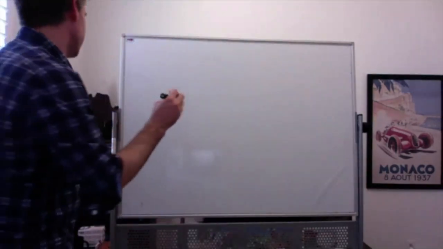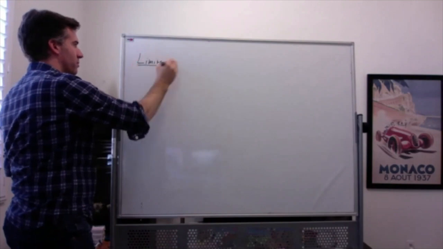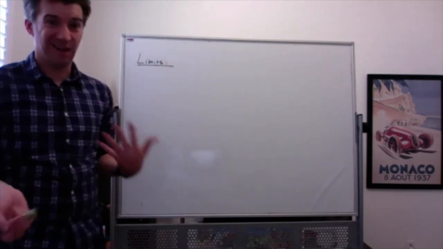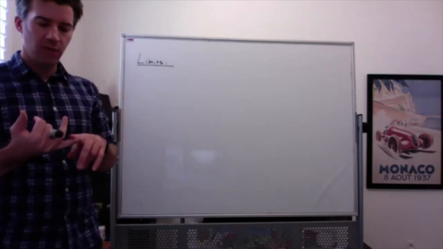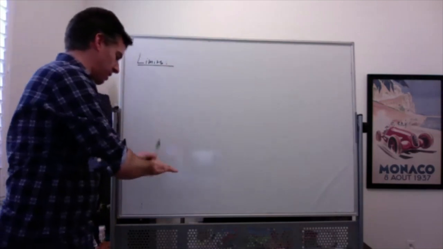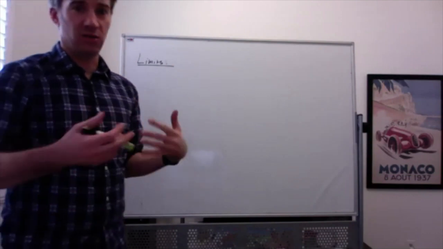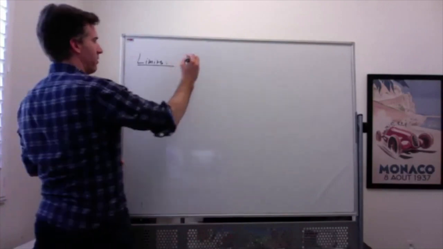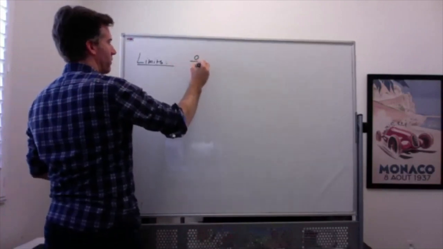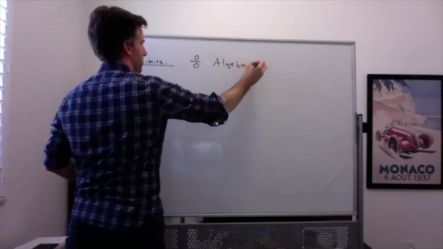Where am I at? Okay, let's talk about limits. There's kind of a lot to talk about when it comes to limits. And really what I want to focus on today is the kinds of limits that you're going to mostly have to evaluate, which I think of as the 0 over 0 algebraic types.